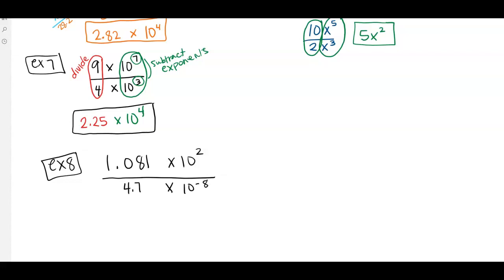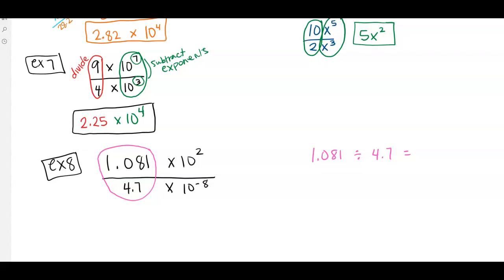And make sure when you're putting these in the calculator, you're doing so the right way. You're always doing your top number divided by your bottom number. So you put your top number in first, and then the divide sign, then the bottom number.